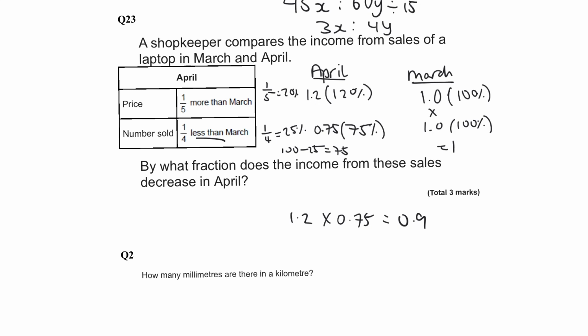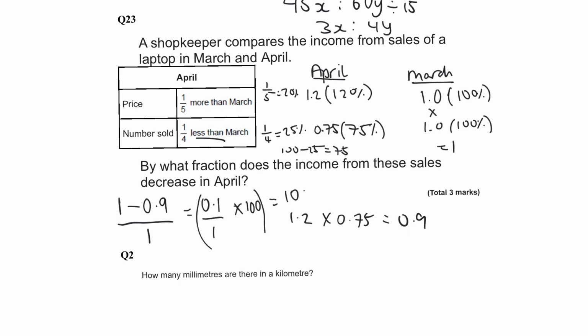It's kind of like your percentage change, or just any change of anything. The difference between March and April is 1 minus 0.9, over 1 because you're comparing it to March. You're trying to see the change of April compared to March. So that would be 0.1 over 1, and times that by 100, that is equal to 10%.